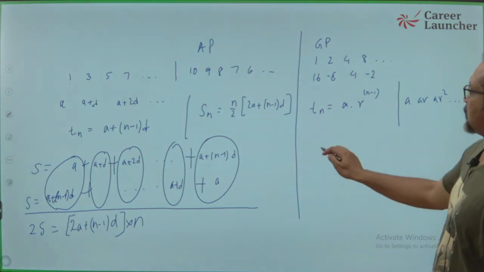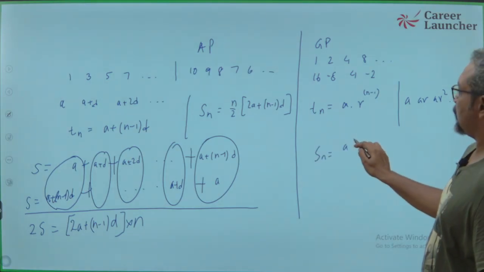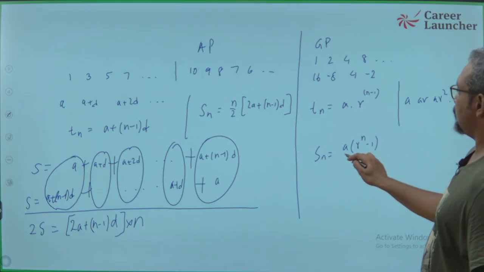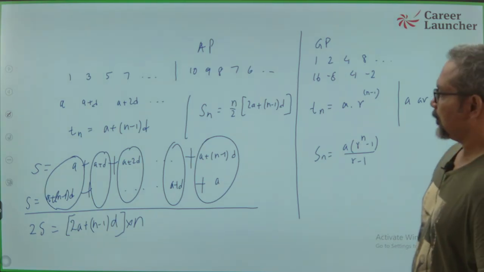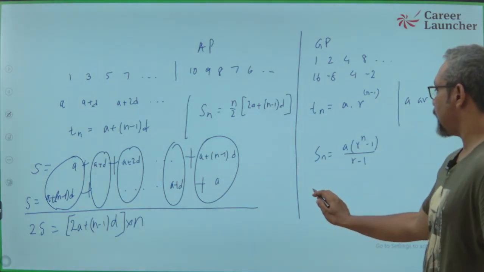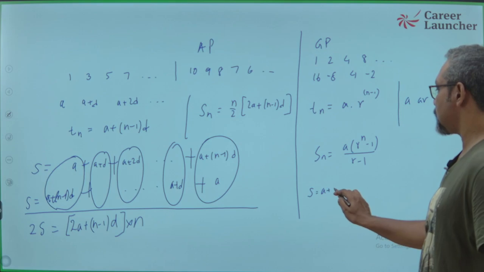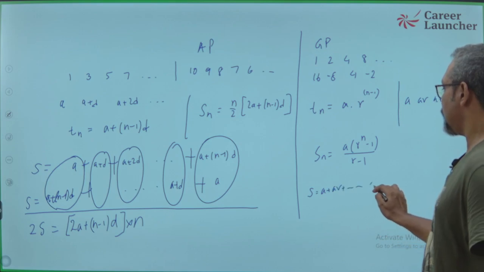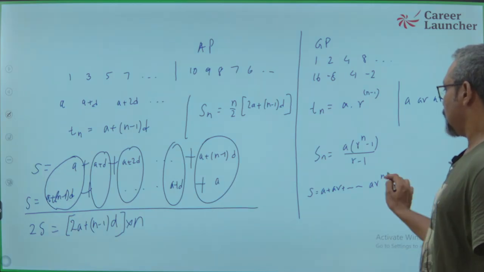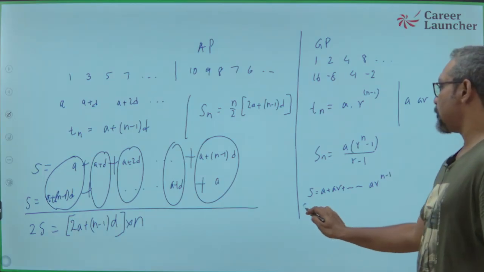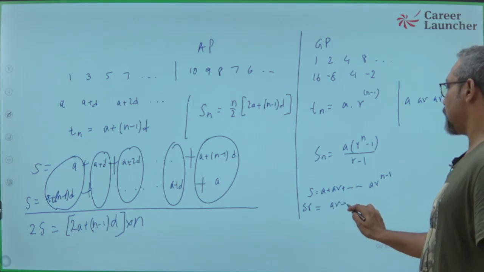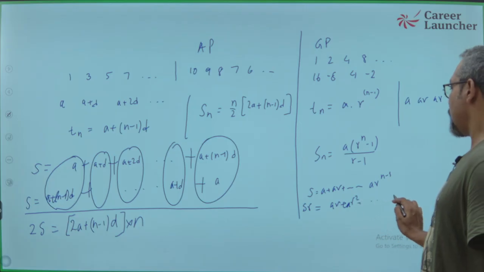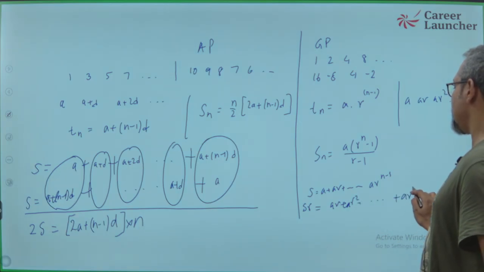And here the sum of n terms is A times (R to the power n minus 1) by (R minus 1). How do we get this? Let us say S is A plus AR plus dot dot dot AR to the power n minus 1. Multiply this with R and shift one place and write AR squared up to AR to the power n.